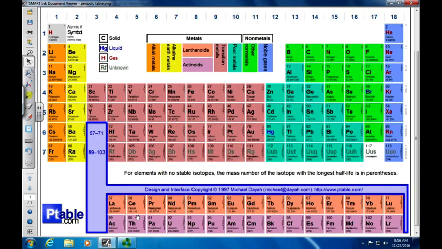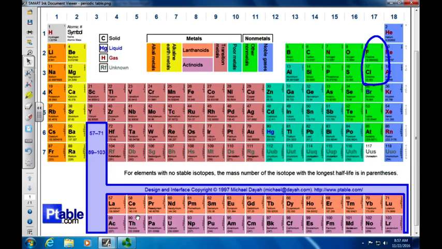So fluorine and chlorine are right over here in the corner, and they're considered group 7A. Every element in group 7A is going to have the same valence electron structure.